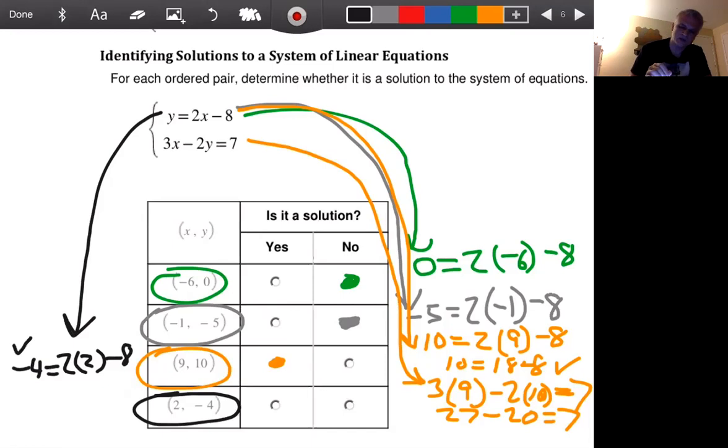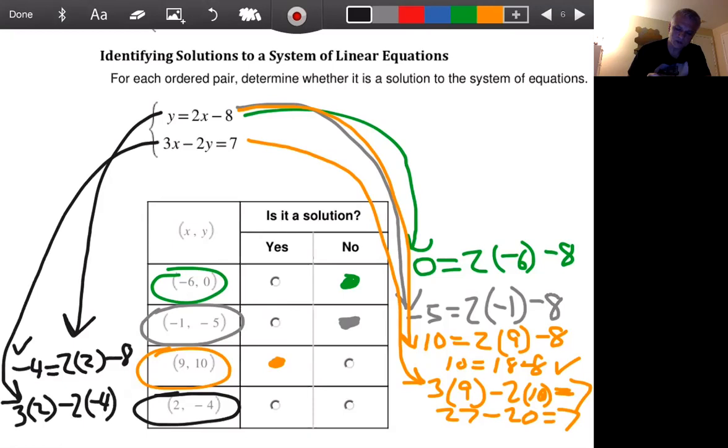Okay, so we got to try this last one. 3x, so 3 times x, so 3 times 2, minus 2 times y, so 2 times -4, equals 7. All right, let's see. 3 times 2 is 6, minus 2 times -4 is plus 8. 6 plus 8 equals 7.